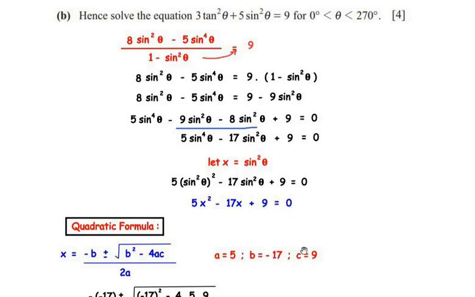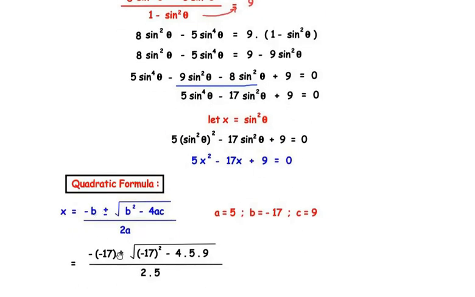And c is a constant, which is 9 over here. So we are going to plug in the values of a, b and c in this formula, giving us minus of minus 17 plus or minus square root of minus 17 square minus 4 times 5 times 9, over 2 times a, which becomes 2 times 5.